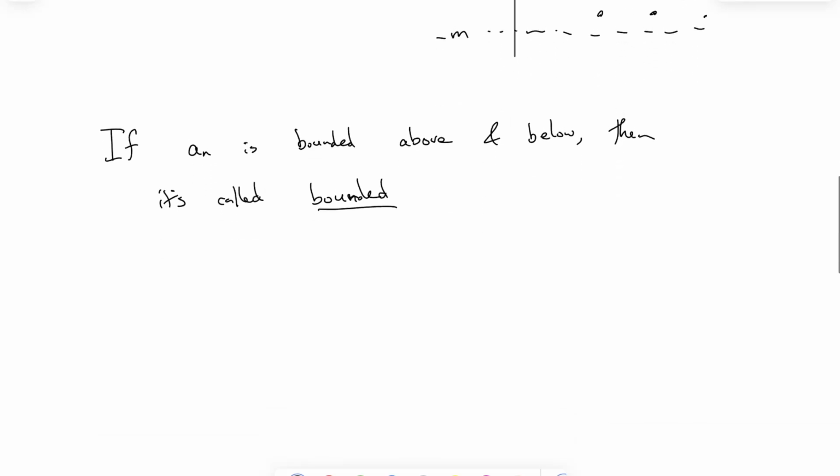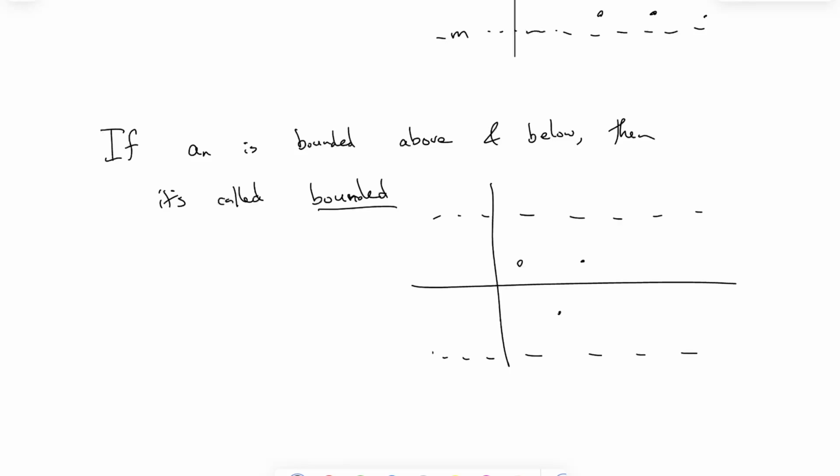The picture you should have in mind is there's an upper bound, and at the same time a lower bound, and all the dots are stuck in between these two. They might go back and forth, or they could approach one of them. It's got something up here where the dots never go above, and also something down here where they never go below. This is what a bounded sequence looks like.